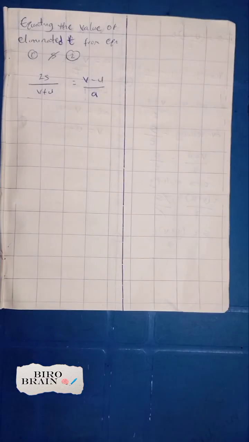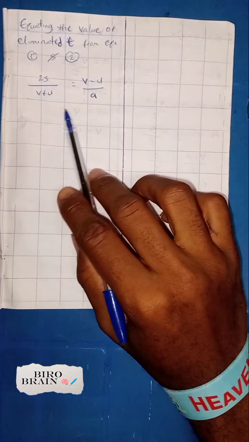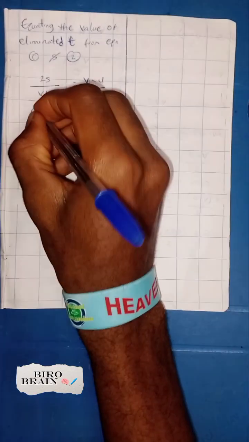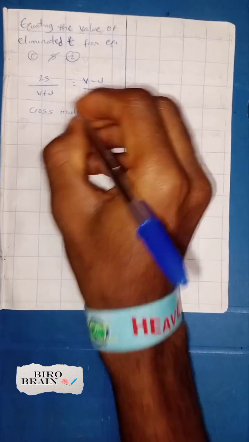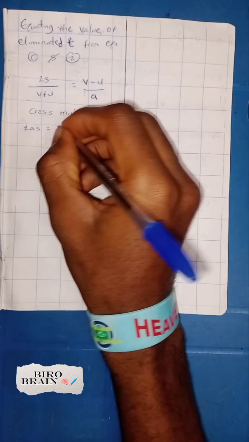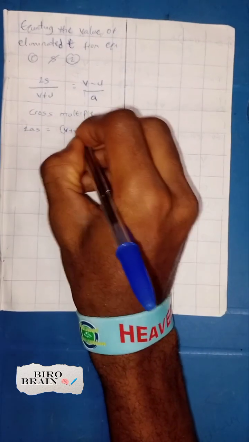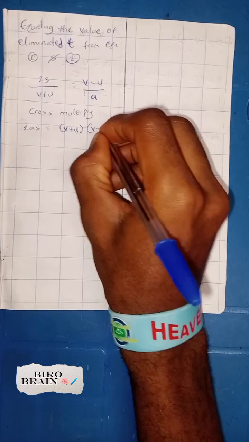What you want to do in this case is cross multiply. So when you cross multiply, you'll have 2as is equal to v plus u times v minus u.